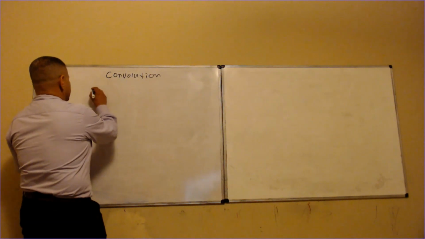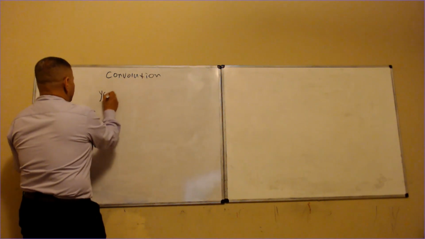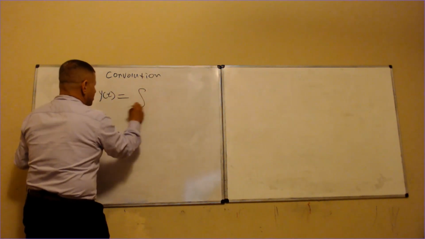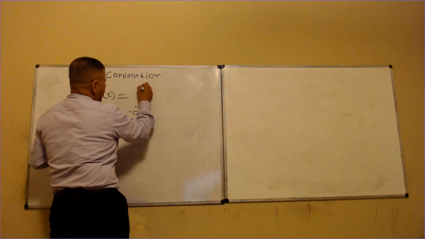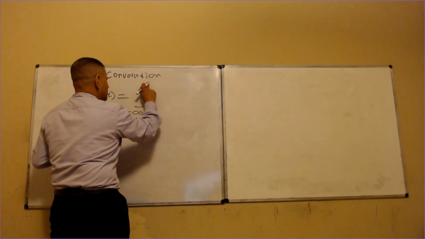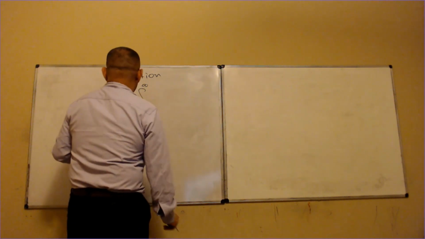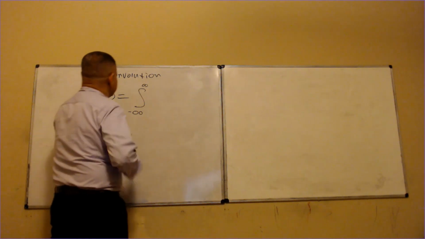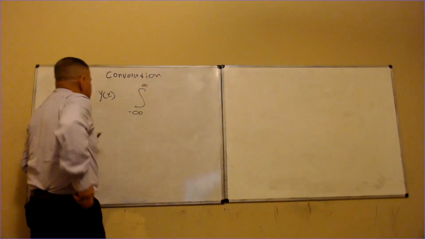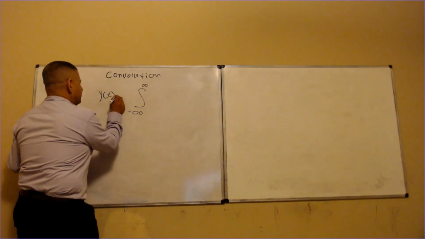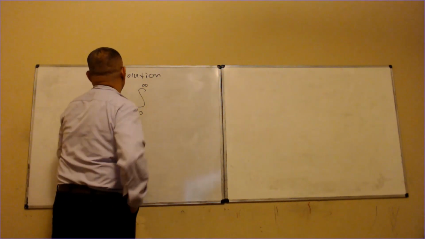So the convolution is, some output y of t is equal to the integral from negative infinity to positive infinity. This one right here is important to understand. Let me redo this.